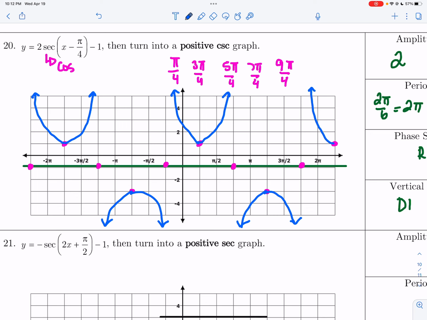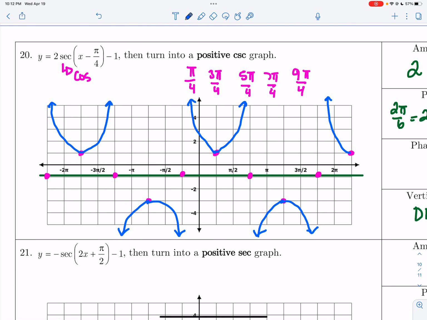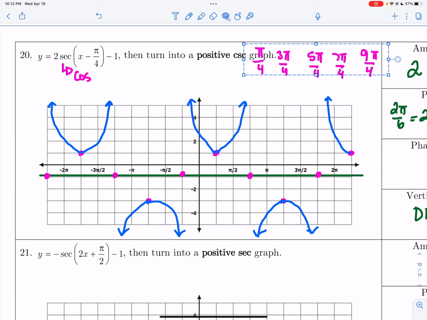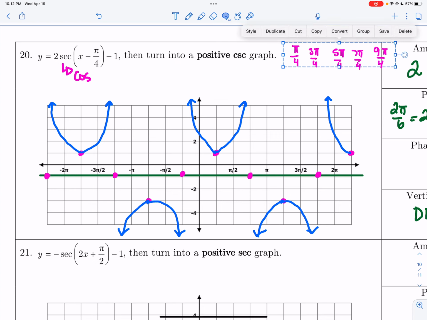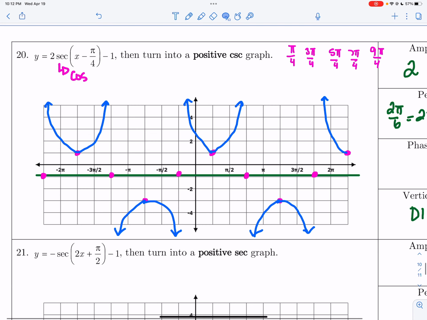All right, so there's your graph of 2 secant x minus pi over 4 minus 1. And then it tells you to turn it into a positive cosecant equation. Remember that a cosecant equation is basically a sine graph. So where is my sine graph in terms of this regular cosine graph right here?